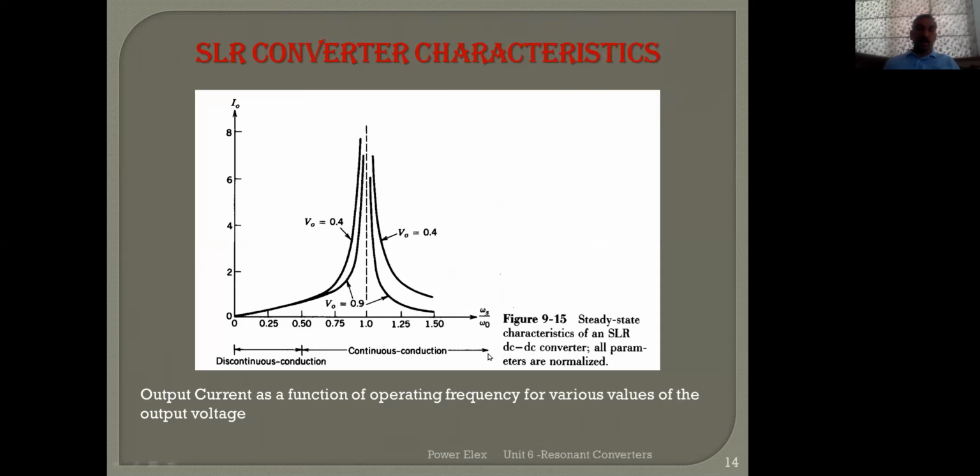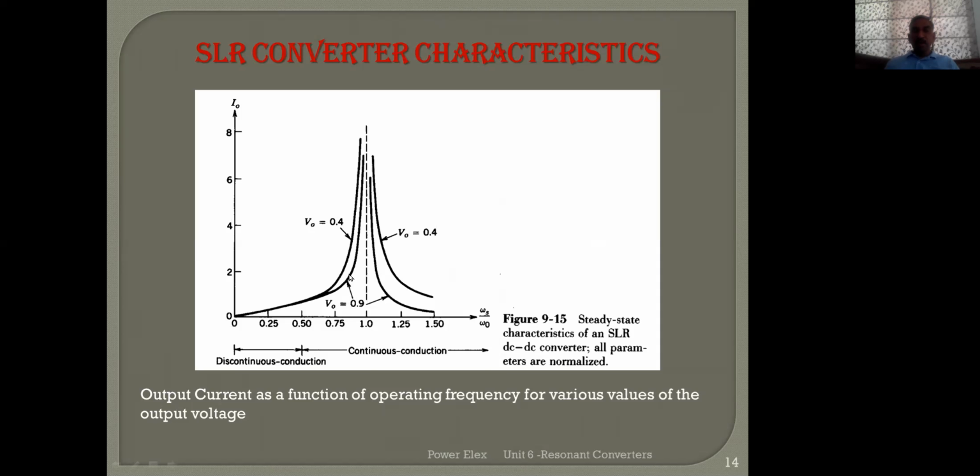Another point we can see that I0 in discontinuous conduction was finite, below its rated value. In continuous conduction, it rises, it is twice, and so on and so forth. It keeps on rising. You can get heavy load currents. But here, your V0 is 0.4, and here it is 0.9. Means the most suitable area of operation is 0.75 to 1.25.